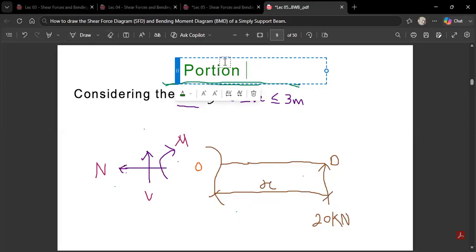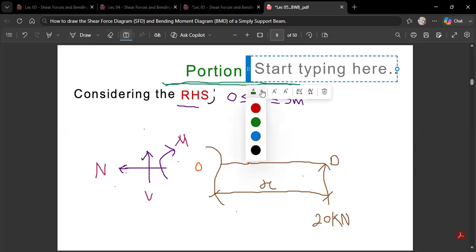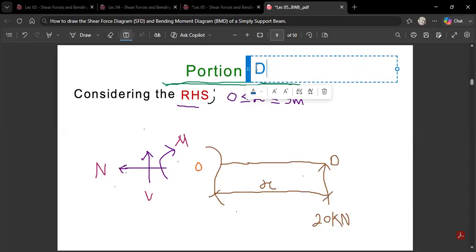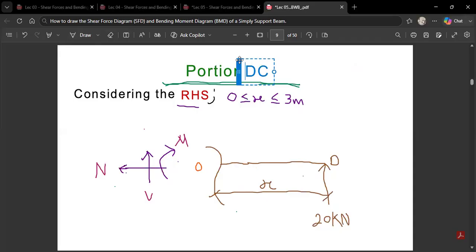I can just change color to highlight it and write DC so that you see it well. Since I wrote D first, I'm going to consider D first. You understand me? D came before C. Portion DC. This time we are counting from right to left. It's not like the left hand side where they are counting from left to right, where you say A, B, C. No, this time it's right to left, to DC.